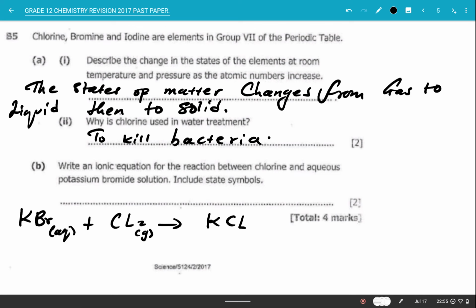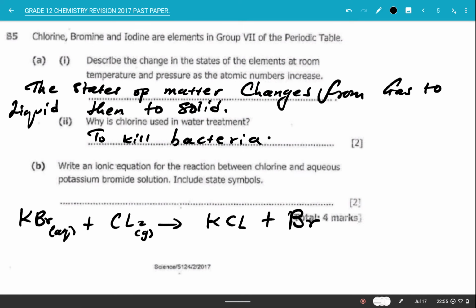Potassium is in group 1, chlorine is in group 7, so if you do a crisscross with the valencies, you still just get KCl. It almost sounded like ACL, but anyway, KCl. So you get KCl, then you have the bromine.